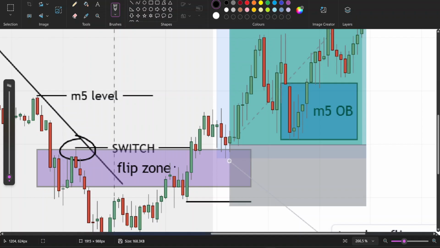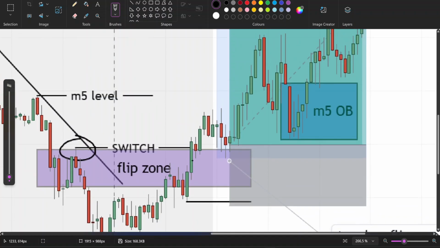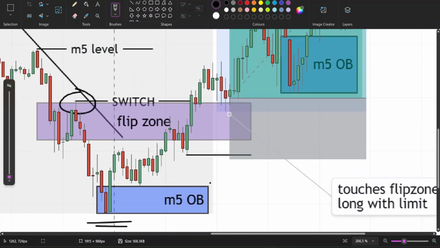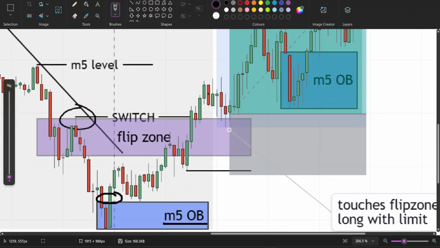Anyway, the reason is, this is the most recent block that defeated structure. And if you look previously, I did write M5 OB here. But really look, it's already been filled, and the only one not filled already is this area. So this is where we're supposed to enter, right?